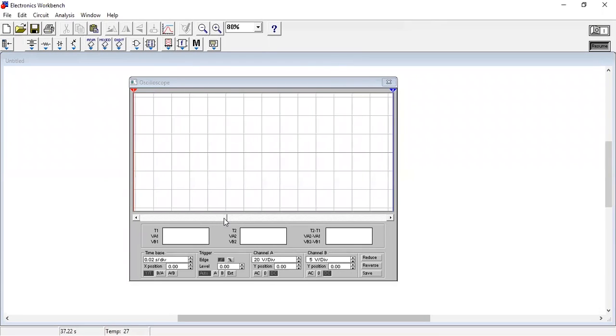This one is for 100 microfarad. And you can change the positions and find the output voltage value.